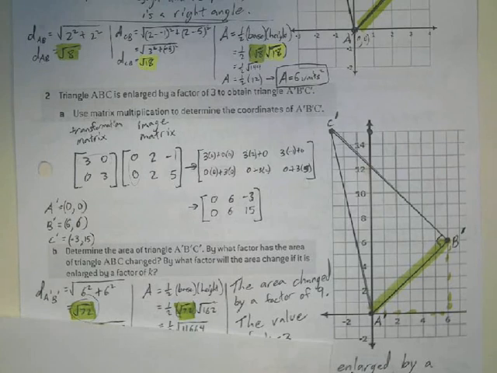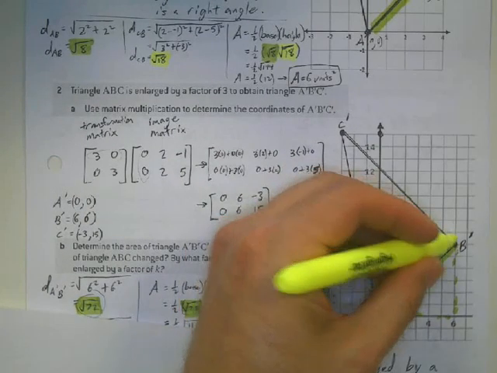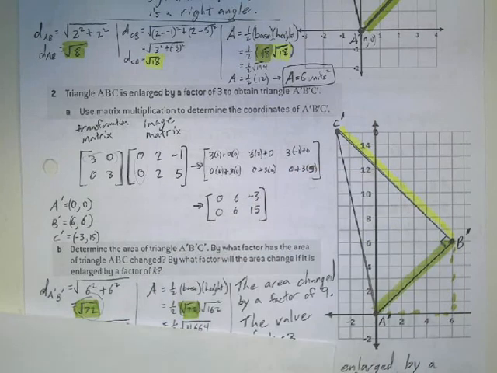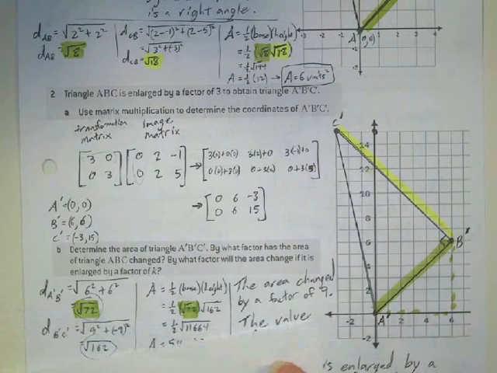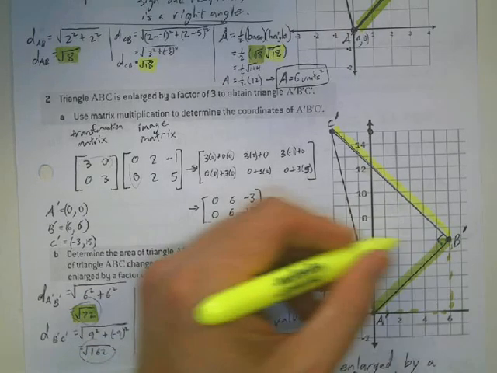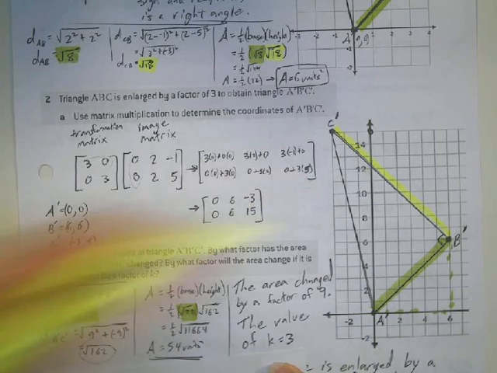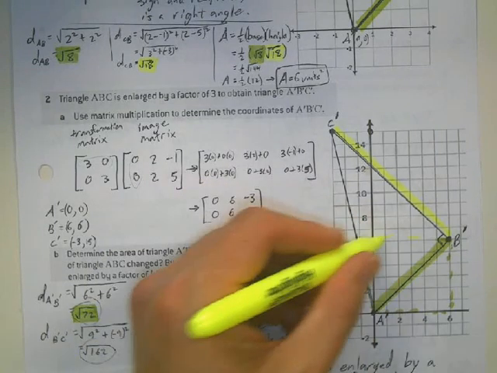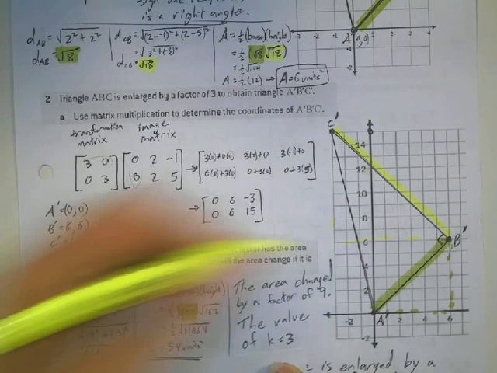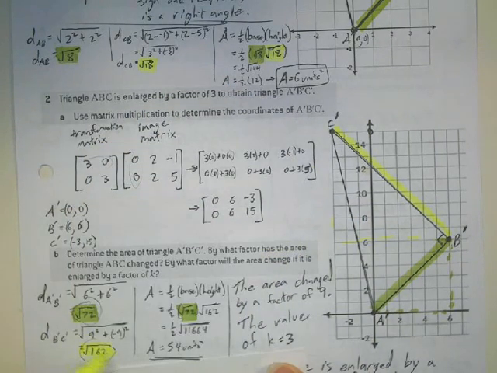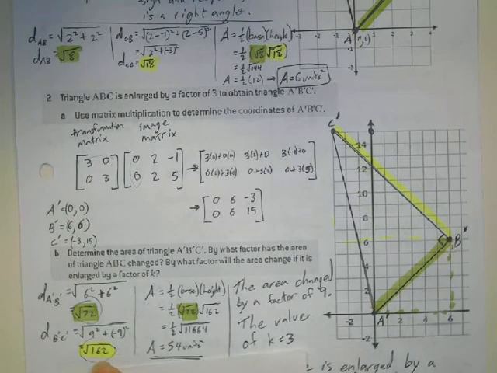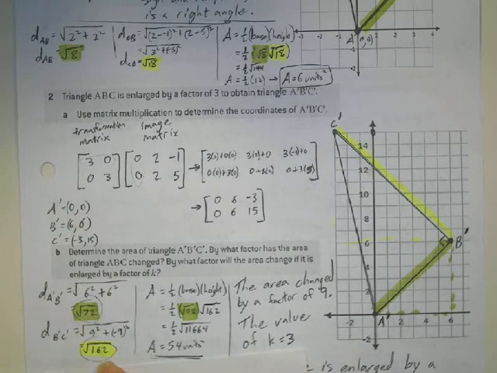Now I want to figure out the length of this line here, right? We know it goes over 9, and it goes up 9. Using the distance formula, that's going to be square root of 162.